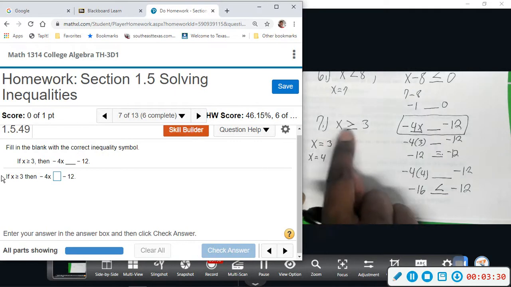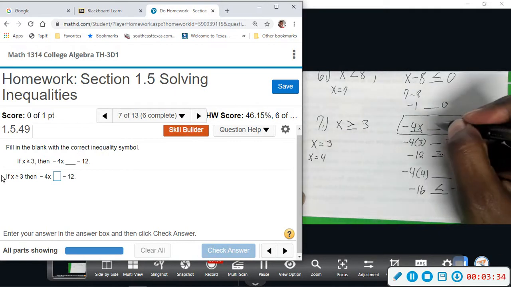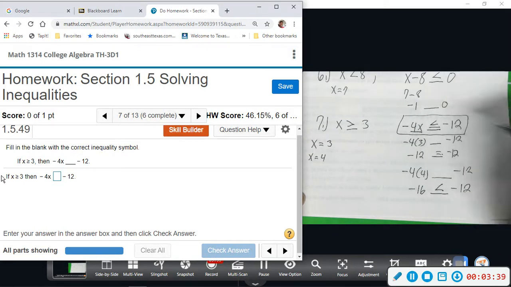If x is greater than or equal to 3, then this expression is going to be less than or equal to negative 12. We get the equal to from when it's equal to 3, and if x is greater than 3, anything I do is going to make this number bigger when we multiply by negative 4, so it's going to be smaller in terms of negative. So we want less than or equal to in this case.